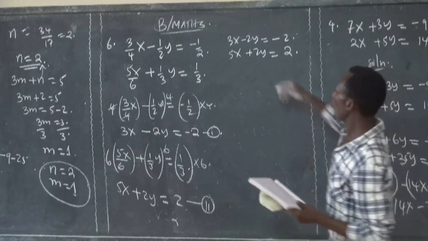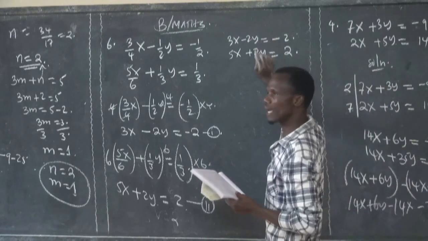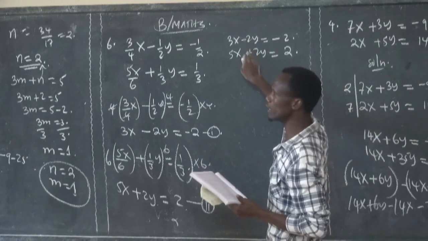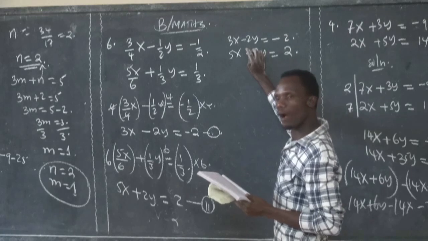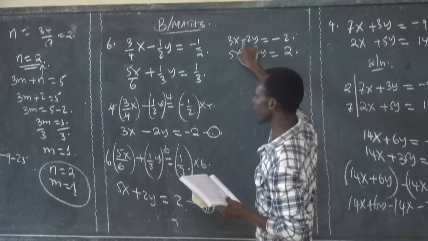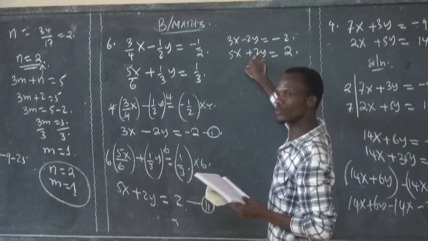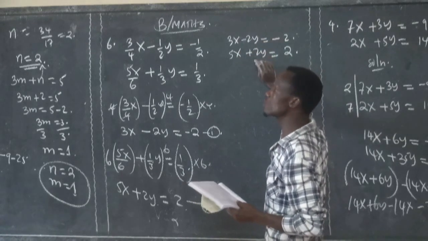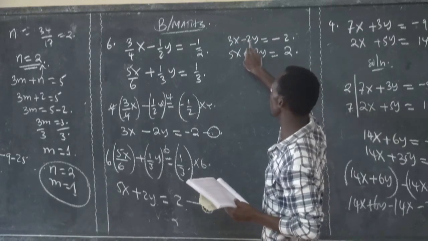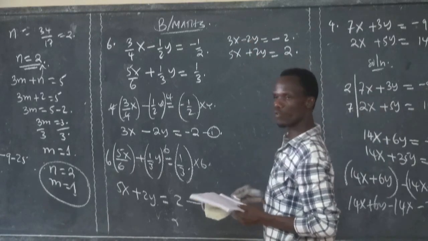Kwa sababu tulisema, ukikuta magnitude of the coefficients are equal, but the signs are opposite, we add them. Kwa tunaona hapa negative 2, hapa positive 2. Kwa hatuzitoi tunazijumulisha. Na hatuna haja ya kubadilisha coefficient kwa sababu tayari hapa tuna coefficient zinazofanana.